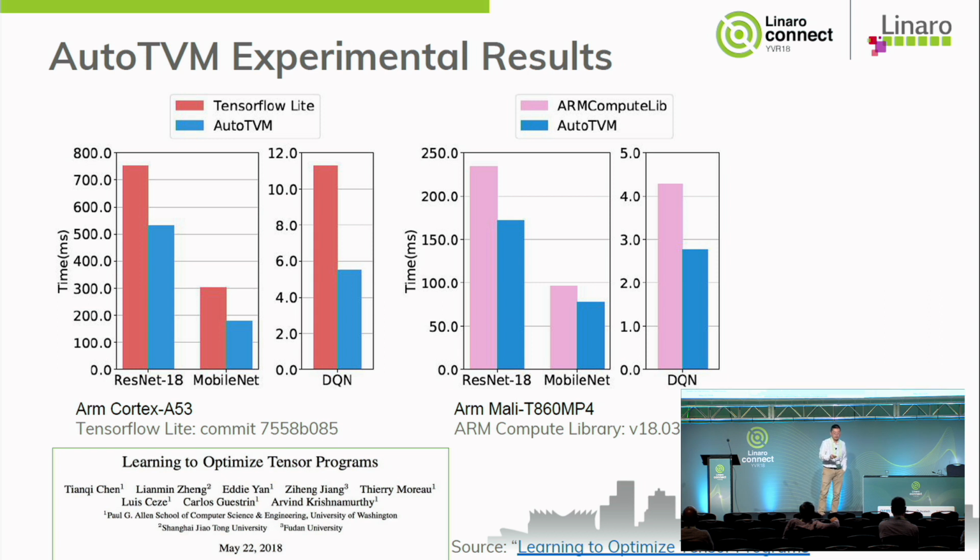Here, version 18.3 is used for the ARM Compute Library. And I think with recent versions of the ARM Compute Library, they should have better performance. But this is just for some comparison. We can also see that AutoTVM can provide some performance gain using the compute library as a baseline.